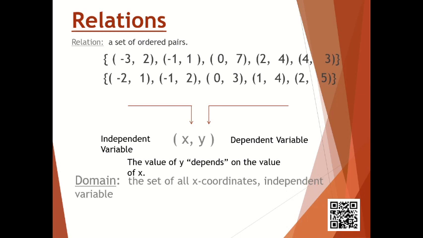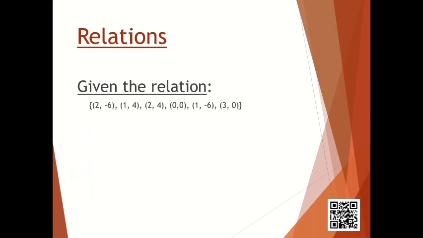So, what is a domain? It is the set of all x coordinates or your independent variable. While range is the set of all y coordinates, also called the dependent variable. So we have the given relation here, and we are going to state the domain.